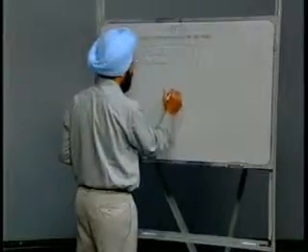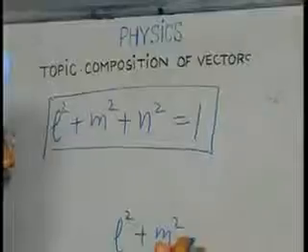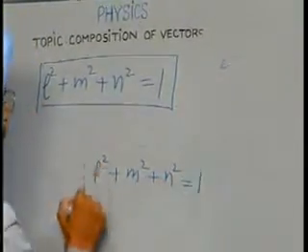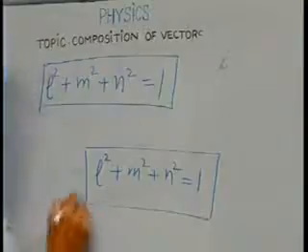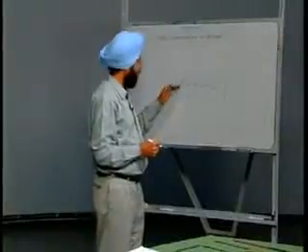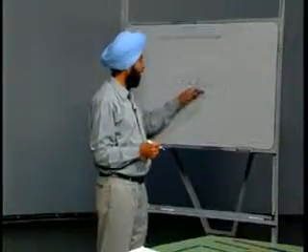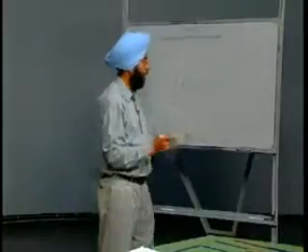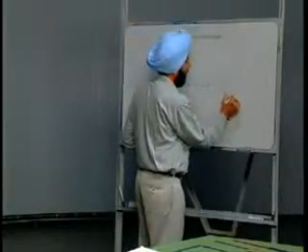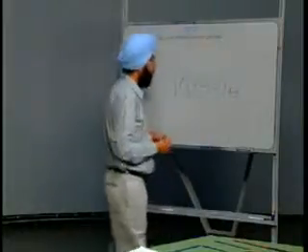L, M, N are the direction cosines. That is, sum of the squares of the direction cosines is equal to 1. This is a very important result that we will be using later on.